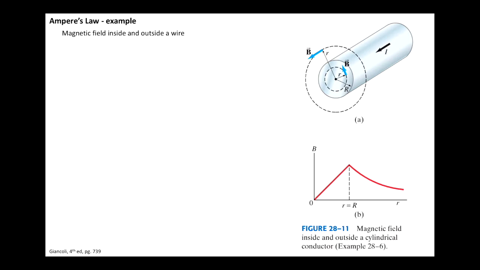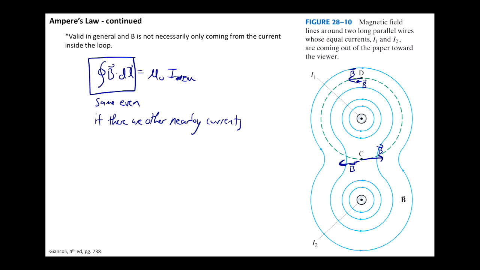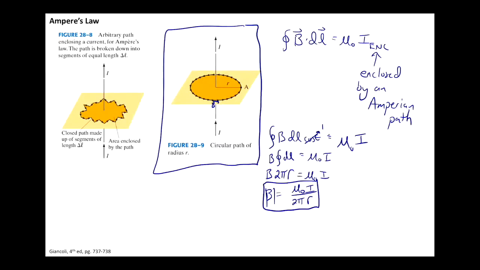So if I were to start this problem by trying to find the magnetic field outside the wire, well, I would use an Amperian path that is outside the wire, and I would get the exact same equation that we got 2 slides ago. So just for a current-carrying wire, we get the equation mu naught I over 2 pi r. That would be no different because I enclosed is just I. It's all of the current that passes through the wire.